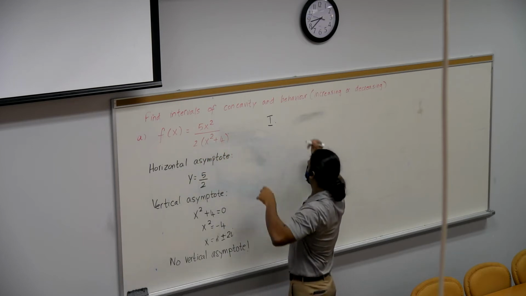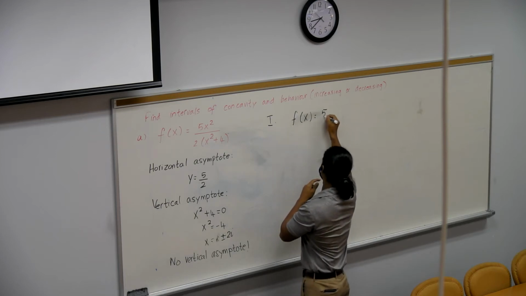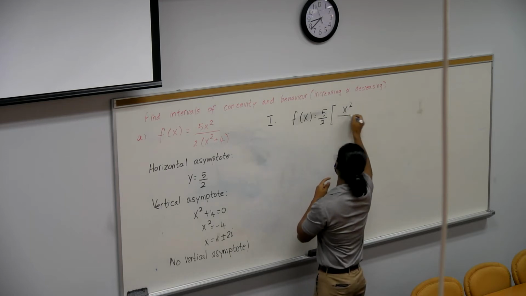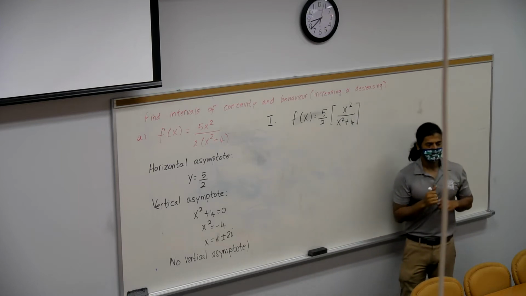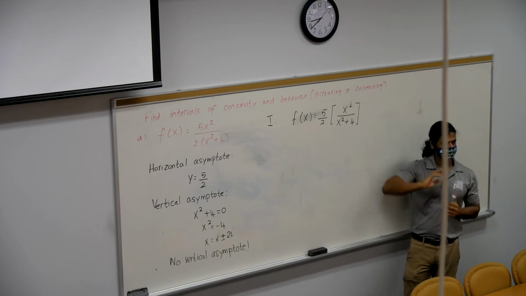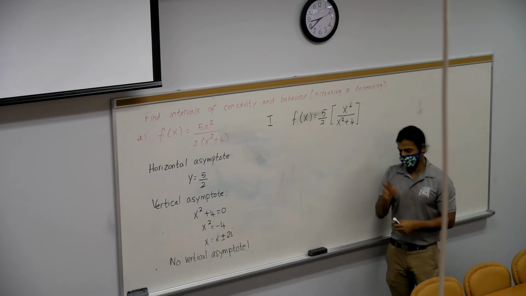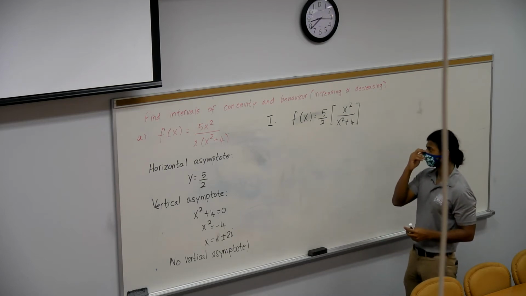So let me just rewrite the function like that. And I'll just take the derivative of whatever that is inside and multiply that 5 over 2 later on, because you can multiply a derivative by a constant.